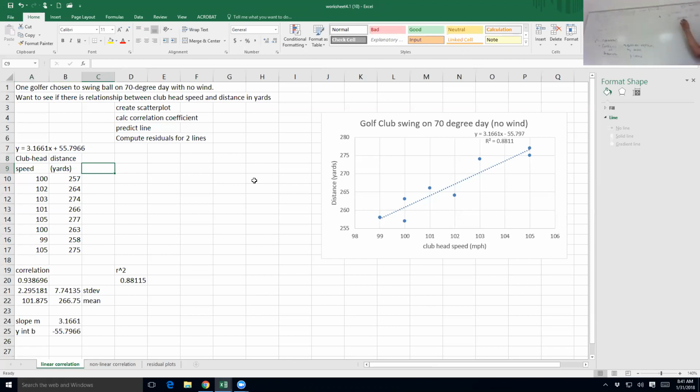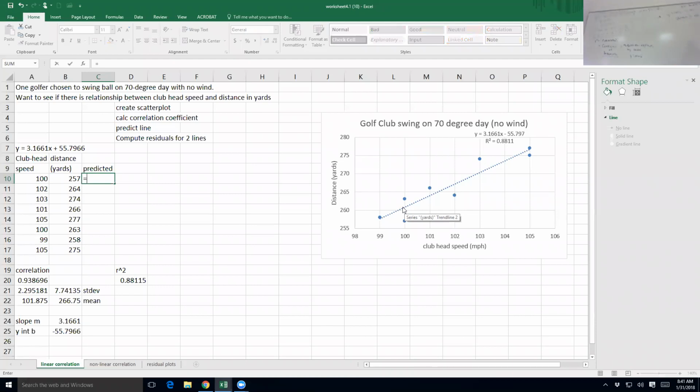Okay, so we're going to talk about a residual plot. Here's what we're going to do. I need to find the predicted. As I mentioned, we can see here if it goes 100 miles an hour, it probably should have gone about 261 yards. Do you see that according to my regression line? So we're going to use this equation y equals mx plus b.